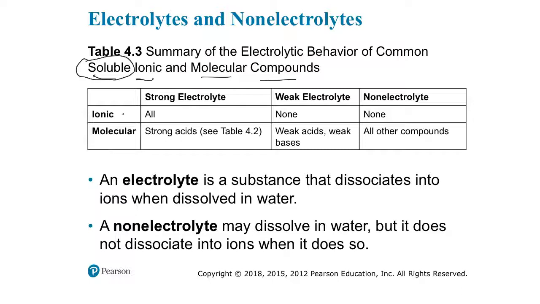If you have an ionic compound that's water soluble, then the only type of electrolyte you get is a strong electrolyte, because an ionic compound only dissolves in solution through the formation of ions and the dissociation of the salt. There are no examples of weak or non-electrolytes for soluble ionic compounds.